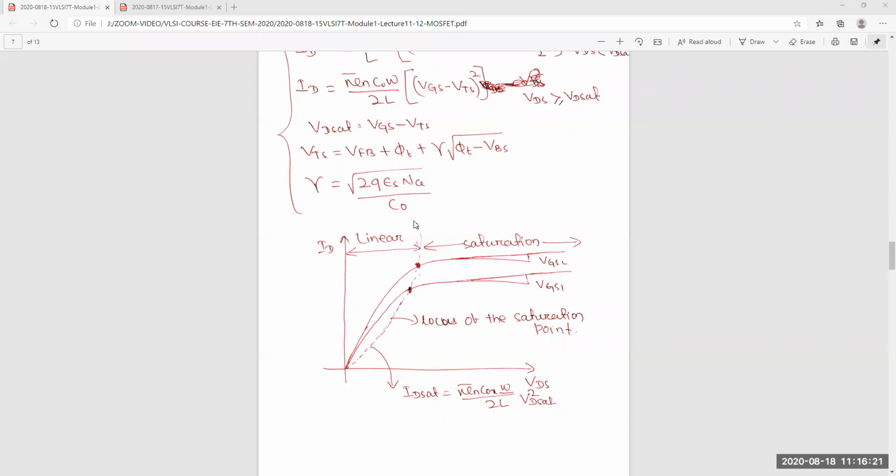When I am biasing with VSB, for example, source is positive and bulk is the reference, so bulk is grounded and I am providing the source with a positive voltage, so that is VSB. Before that, the source was reverse biased with the bulk, so now it will be more reverse biased by the VSB voltage which we are providing.